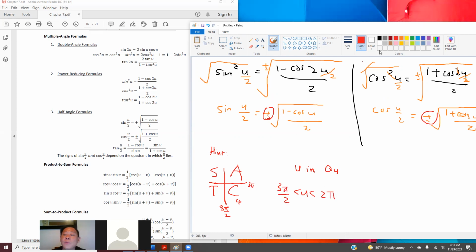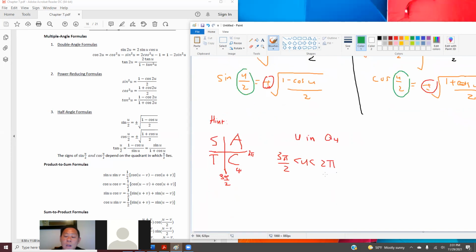But what happens when you cut this by 2? When you cut this by 2, your angle has to be cut by 2. So 3 pi over 2 becomes 3 pi over 4, and 2 pi becomes pi.